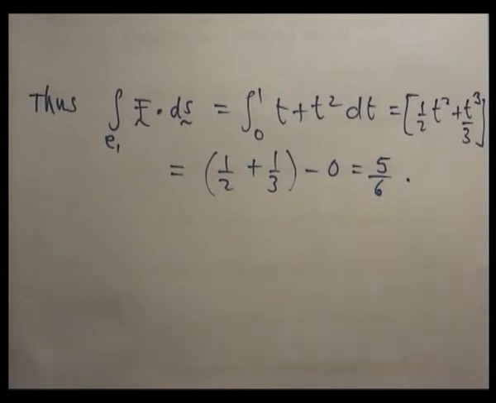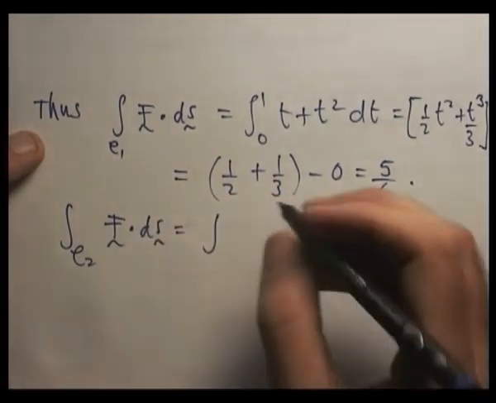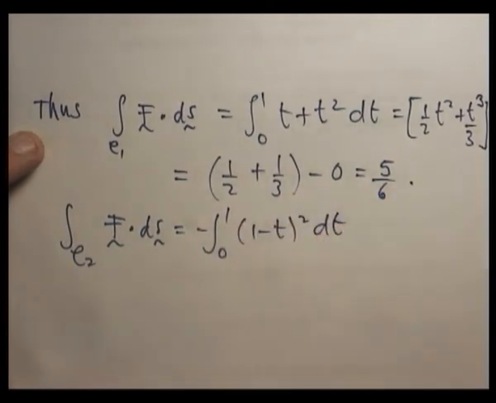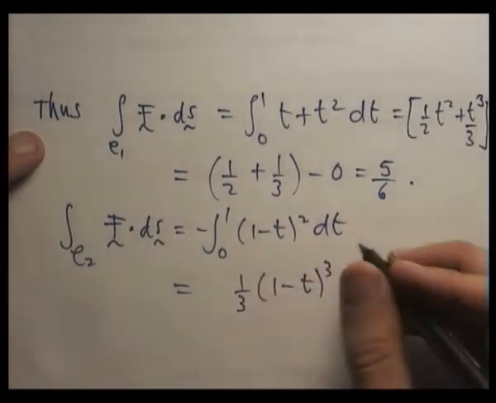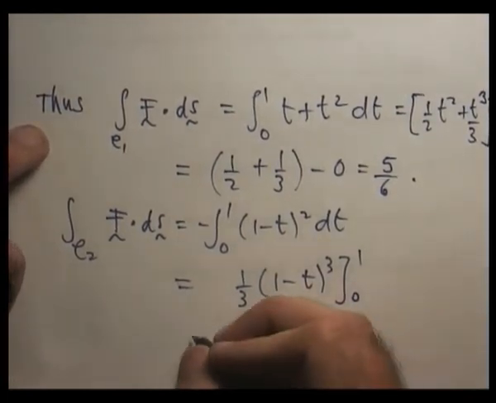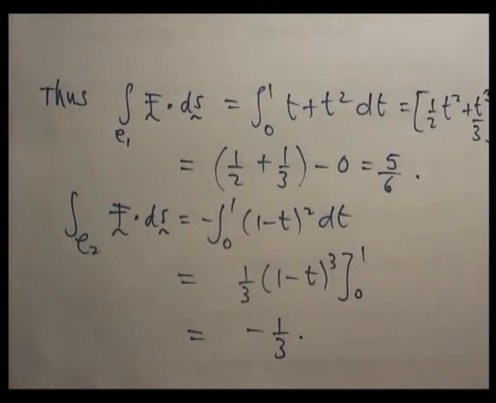Okay, that's going to be something like this. So minus 1/3. So to come up with our answer, we add the two integrals together.